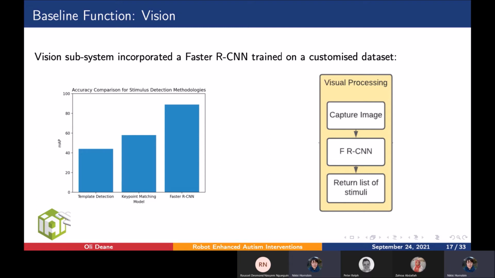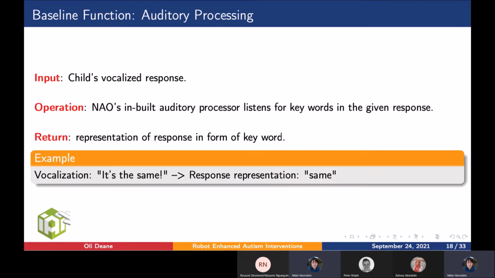And we found that did outperform the baseline on reliability, using mean average precision as our performance metric. We integrated that into a visual processing system that captures an image with the NAO camera, feeds it through the network, and outputs a list of the stimuli that are present for the given trial.